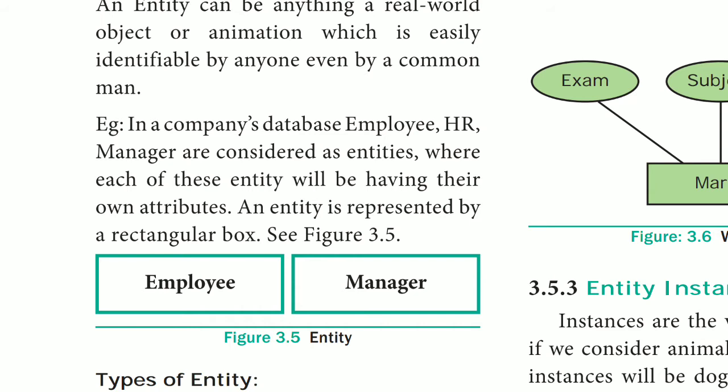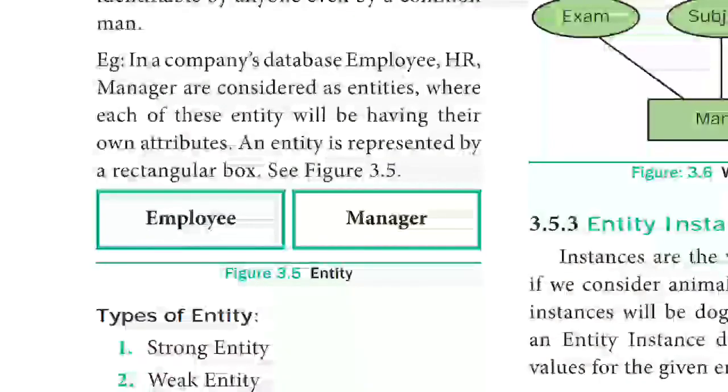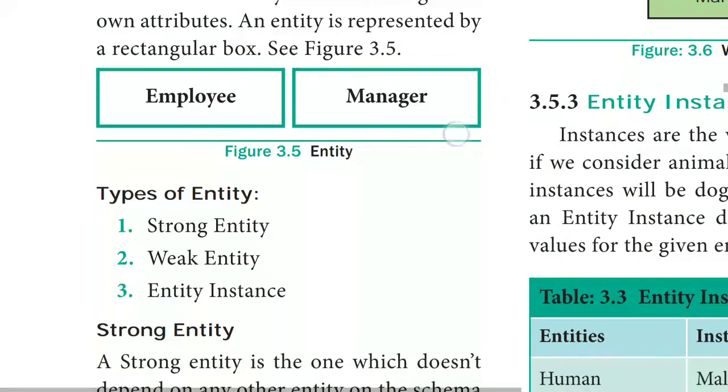For a teacher, the activity is to teach. That is the attribute here. An entity is represented by a rectangular box. If you want to represent this model in a diagrammatic or pictorial way, you will use a rectangle box for an entity.